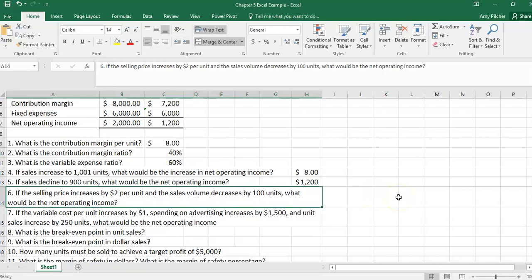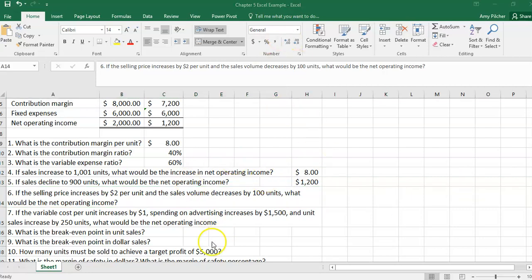Okay. 6 asks, what if the selling price increases by $2 per unit and the sales volume decreases by 100 units? What would be the net operating income?